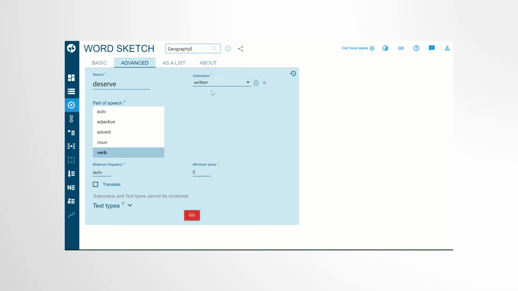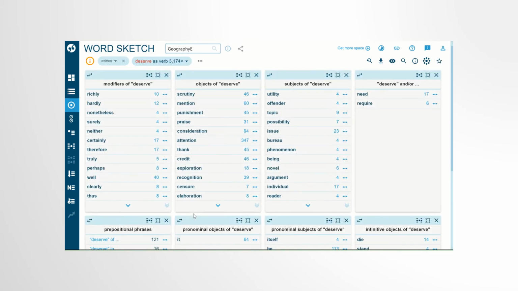So we're in the written corpus again, and we're doing a word sketch basically on deserve. So what are the objects of deserve that might count as candidates for our phrase? Let's have a look. Scrutiny sounds interesting, and that's the top collocate here. So let's have a look at the concordance.